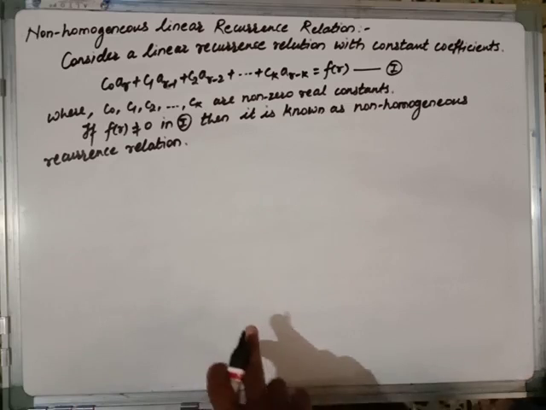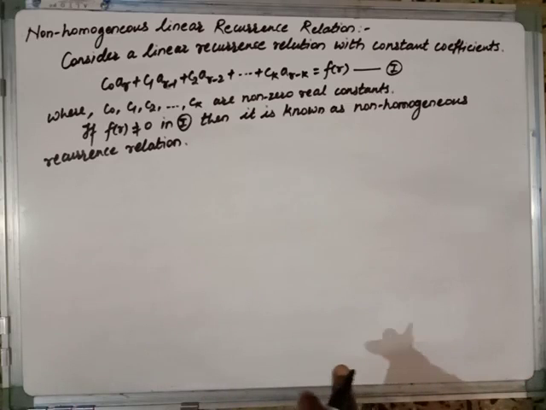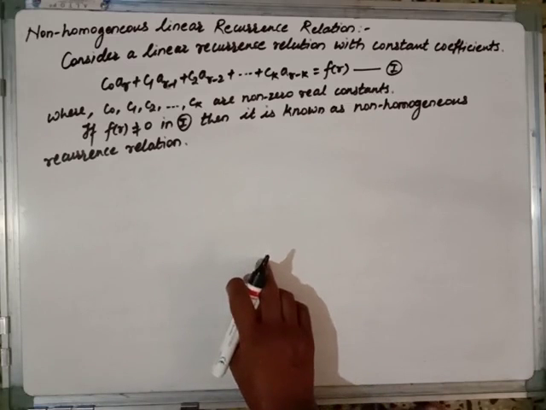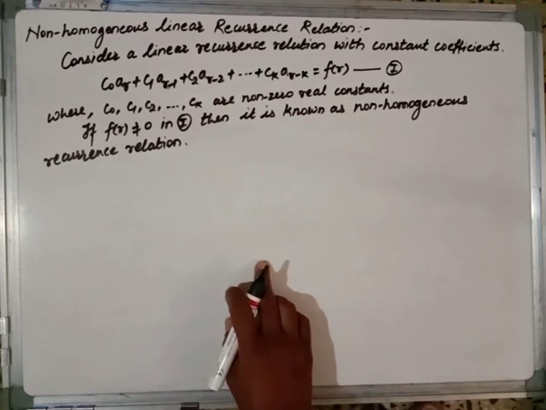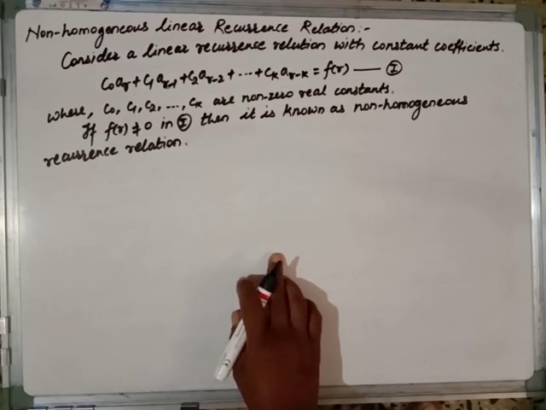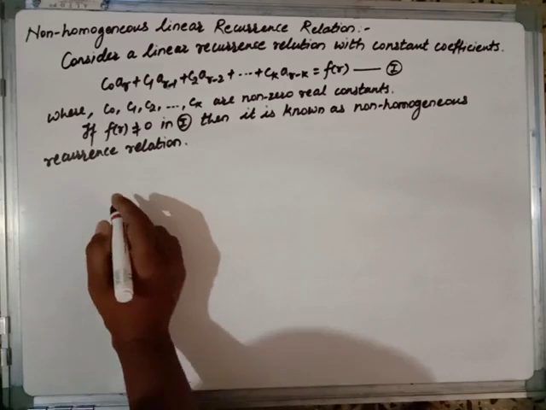Now the solution of such a recurrence relation has two parts. One part is a homogeneous solution, which is the solution of the associated homogeneous part of the equation, and the second part is the particular solution which satisfies the equation when f(r) is non-zero. So what can we say?